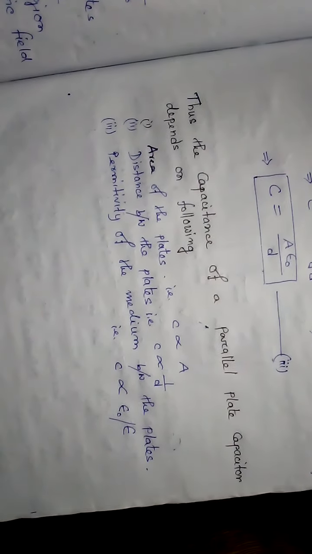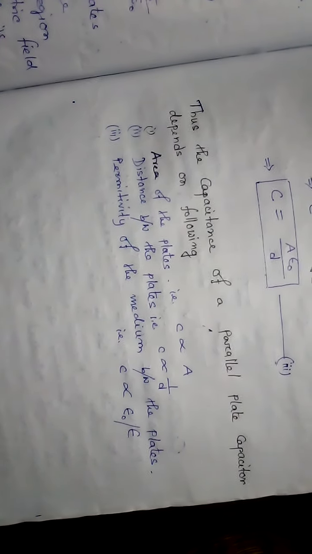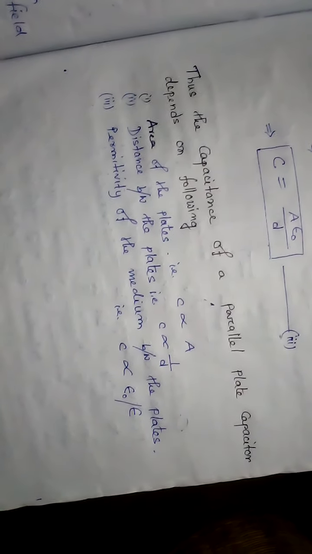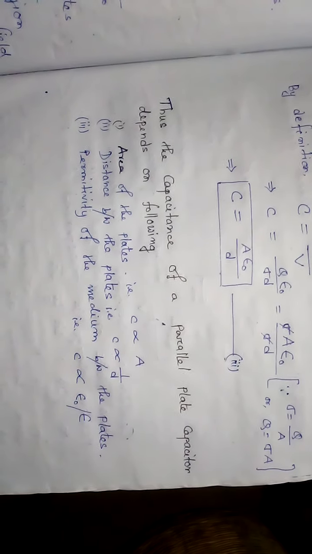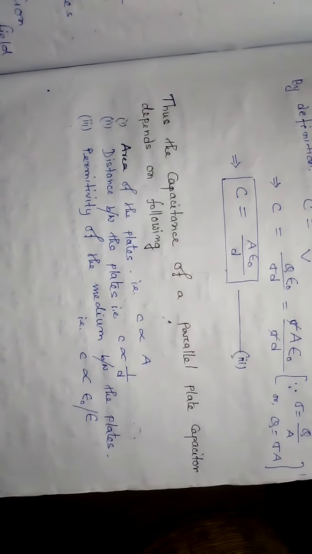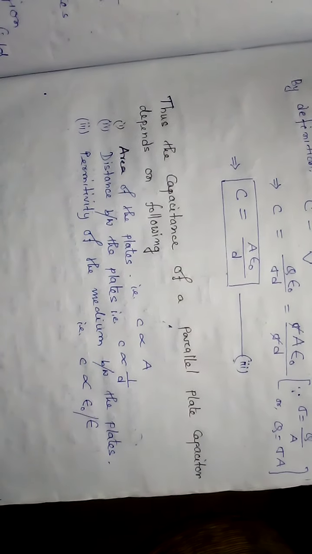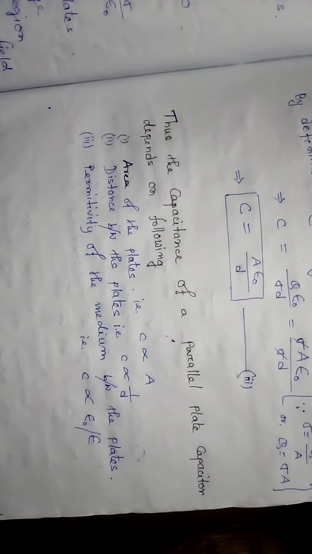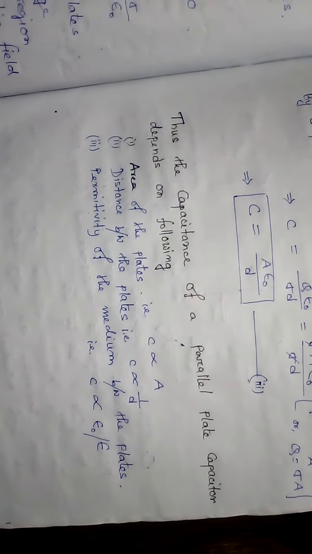C is also inversely proportional to the distance between the two plates, and C is also directly proportional to epsilon naught or epsilon. So C equals A epsilon by d is the required expression for the capacitance of a parallel plate capacitor when the space between the two plates is filled with any dielectric medium.